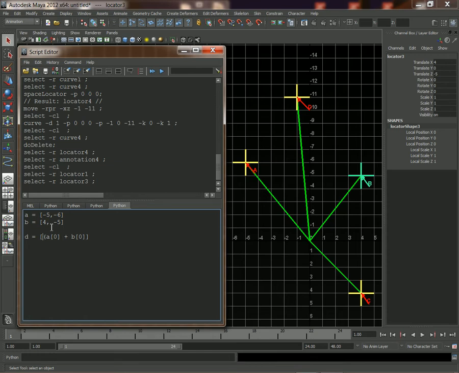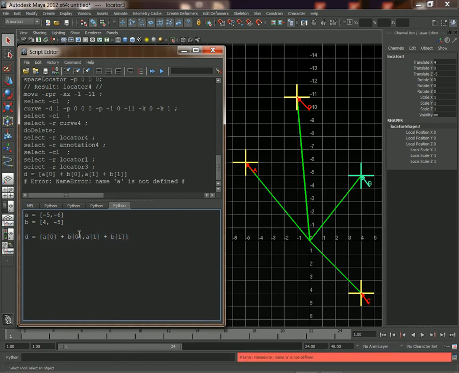Put a comma, and then go A1, so that'll be AZ, plus BZ. Now, just notice I'm skipping Y because the Y-axis isn't actually doing anything on the 2D viewport.